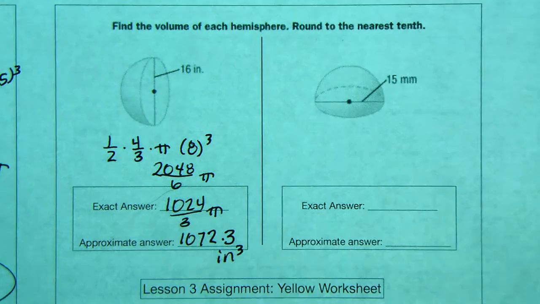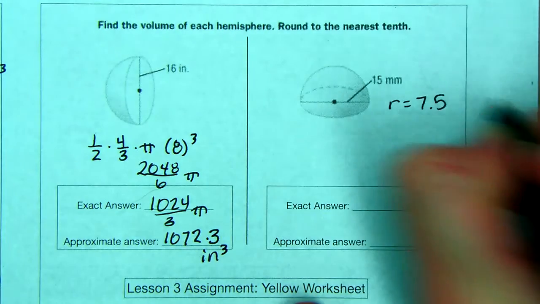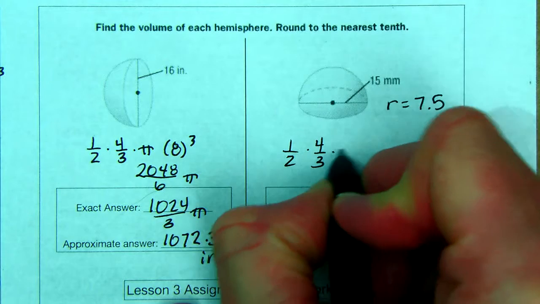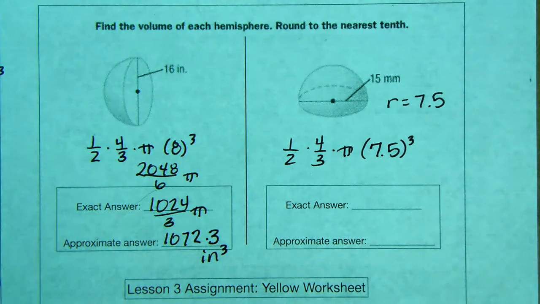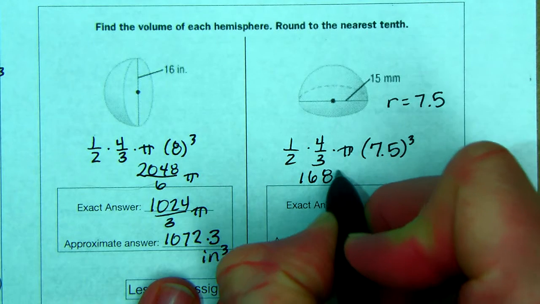And the second one, my radius is 7.5. So 1/2 times 4/3 times pi times 7.5 cubed. 7.5 cubed is going to give me an ugly answer. So times 4. So I'm going to get 1,687.5 over 6 pi. That's ugly.